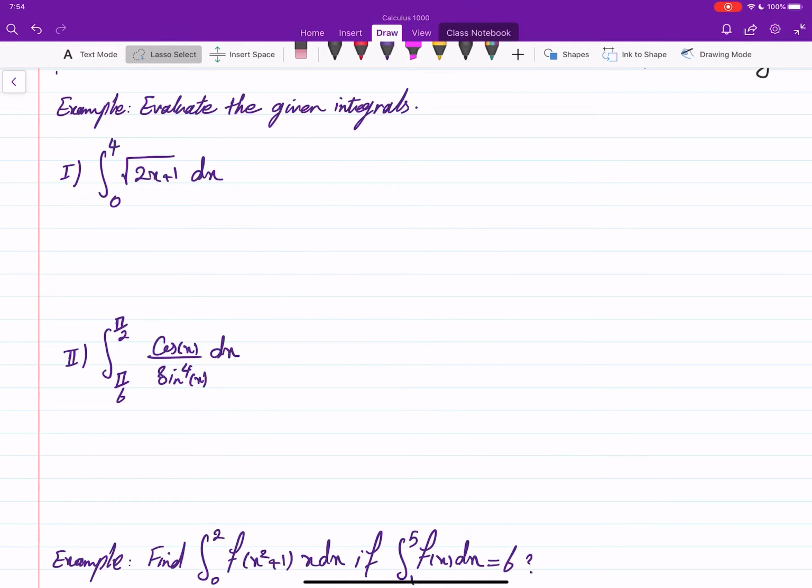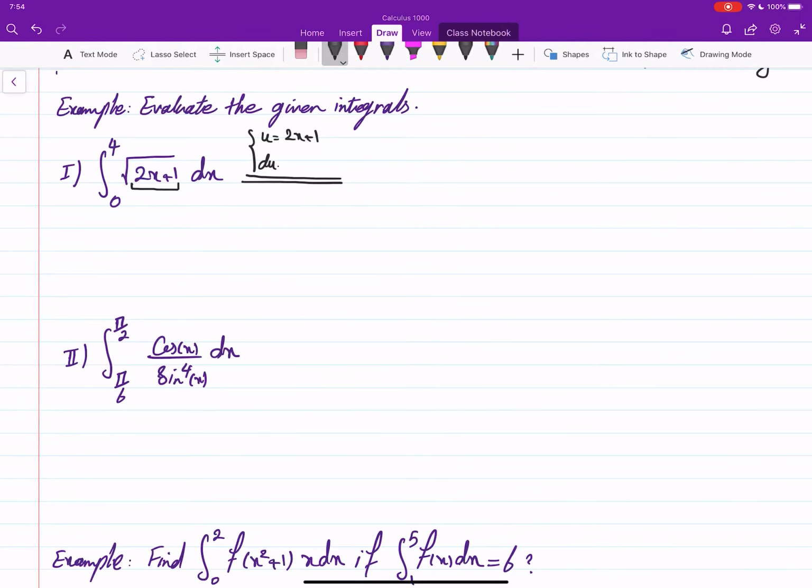Okay, let's see some examples here. We have this definite integral. When you look at these, you see there is a square root of something. That something is a good candidate for the substitution. So u is going to be 2x plus 1.